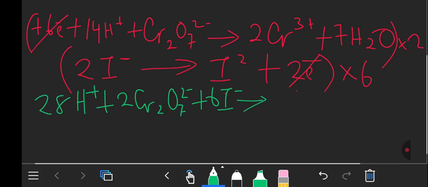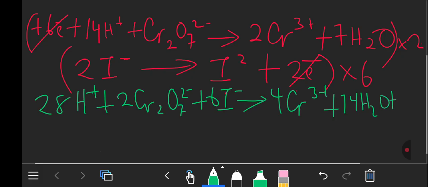Then let's now go to the product side. The product side, we have 2 multiplied by 2 chromium, so we're going to have 4 chromium ion, like that. Then plus 2 multiplied by 7 water molecules, so we're going to have plus 14 water molecules.